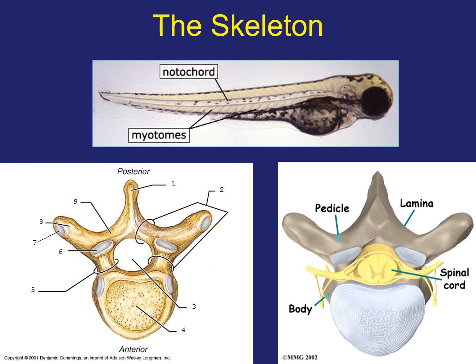And what happens in vertebrates where we have a bony skeleton is that that notochord is replaced by the body, also known as the centra, of the vertebrae. So that big chunk at the bottom there, that is going to replace most of the notochord.